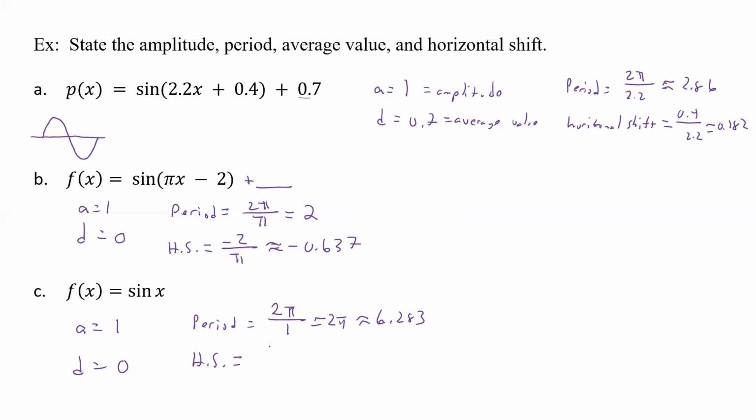Well, there's no C, so that's 0 over B, which is 1, and that's still 0, so there's no horizontal shift. So this is our original function, actually. And then we did a little bit more to get this one, and then we did a little bit more to get all of them. So we'd have A, B, C, D. This one just has A, B, C, and this one just has A and B. And so this is our original function sine of x, okay?